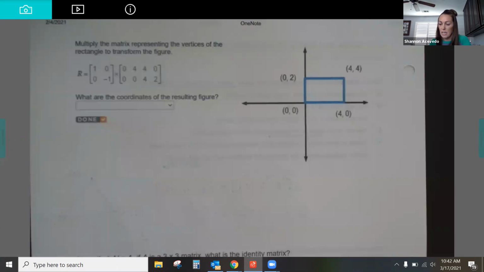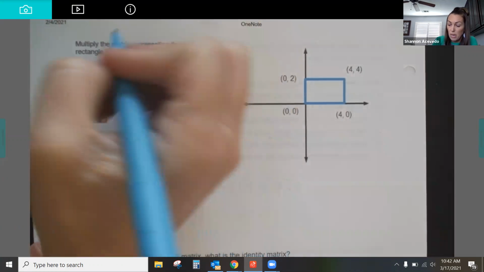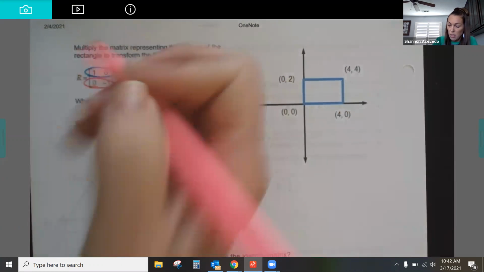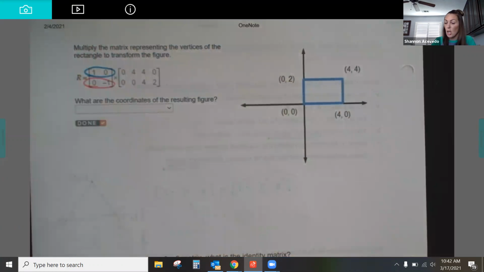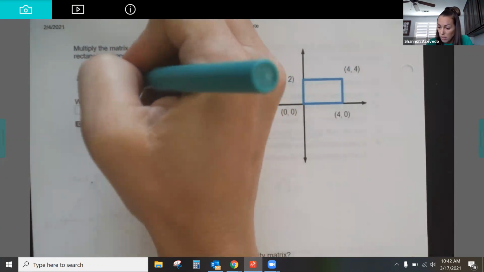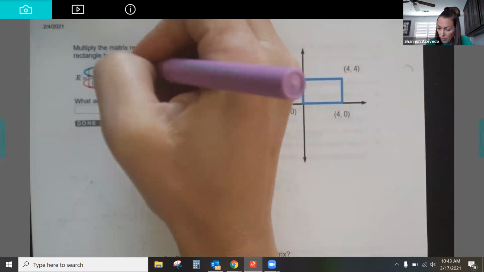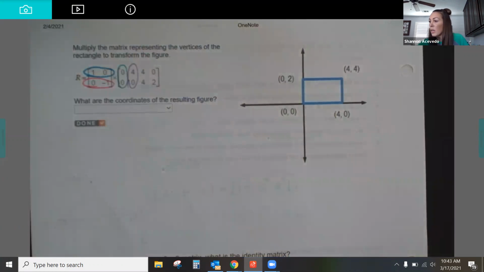Once you multiply these, remember I take the rows of the first one and I multiply it by the columns of the second one. Let me grab some more colors here.